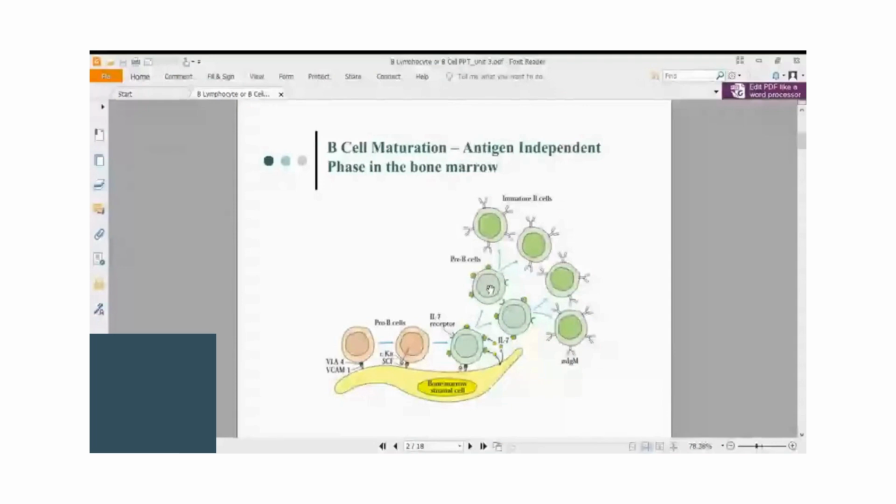After the expression of the antibody gene, the first antibody gene that is going to be expressed will always be IgM, immunoglobulin M. And that immunoglobulin M gene expressed by the pre-B cell, that molecule becomes the receptor of the B cell. That B cell receptor is in short form called BCR.